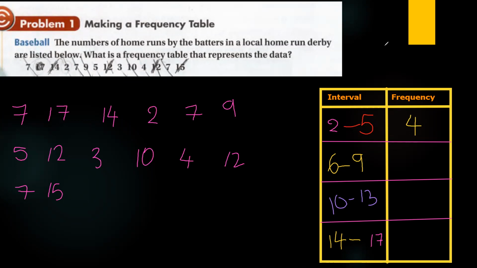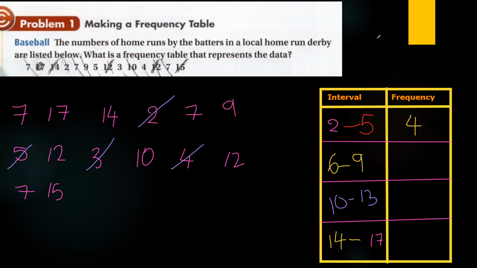Yes, miss, from 6 to 9, only 1. So here I have to count, as I told you, from 2 to 5. So we have 4. Now from 6 to 9, do we have 6? No, miss. We only have 9. Not 6 and 9, miss. From 6 to 9.